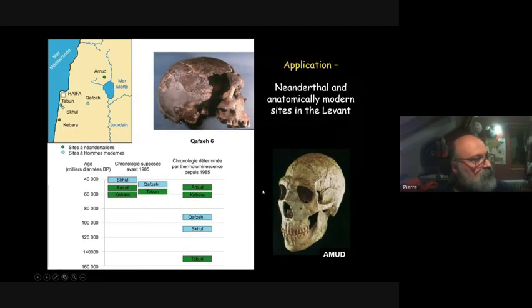This method has been used in many places, essentially for periods where fire is very clearly used by humans, and it allows, as you see here, for example in the Levantine corridor, to determine the real stratigraphy, the real relation between the different sites.